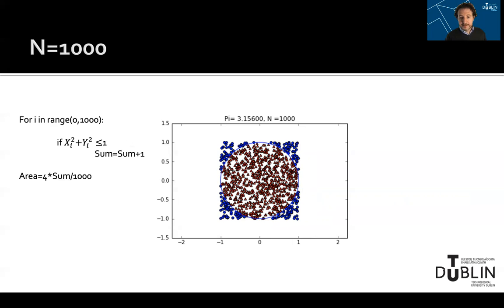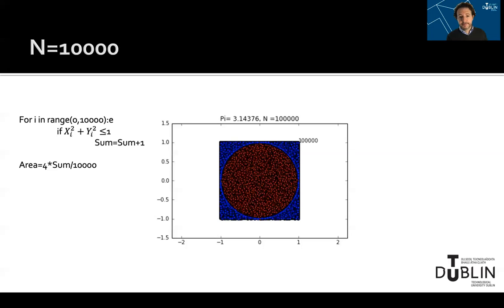All those landed in, those didn't, and we get pi is 3.1569. It's not 3.14, but it's not so bad. 10,000. With 10,000, you see, we get the approximate area of 3.14. That's a pretty good approximation of pi just by randomly throwing darts.